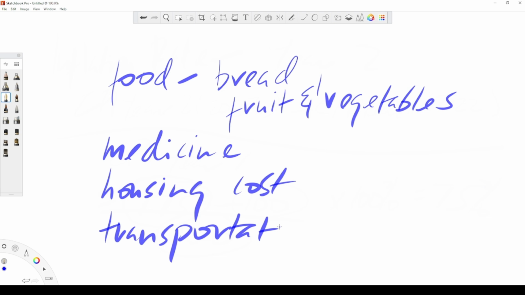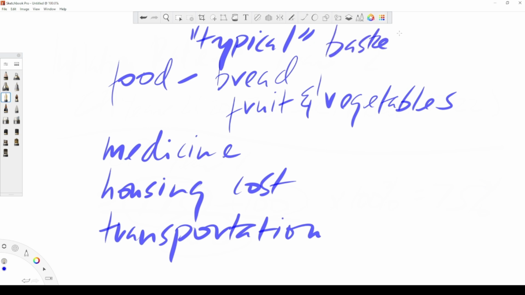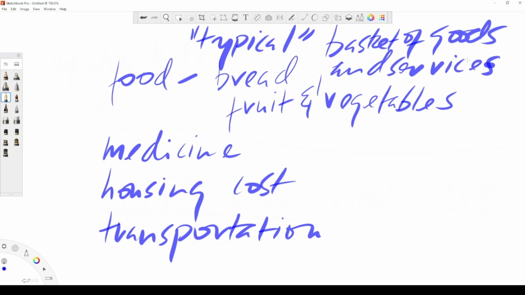These are some examples you will find in the typical basket of goods and services.